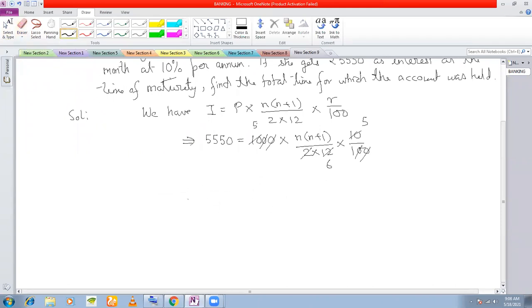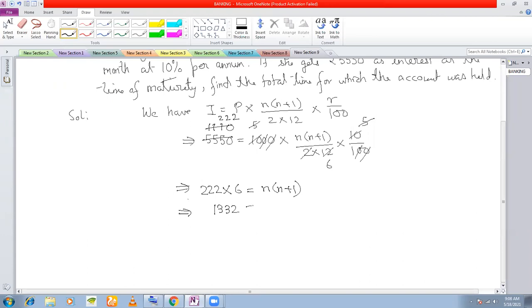You can cancel this with 5. You can cancel this again, 5, 2, 5, 2, and this is 2. Okay. So this is what you get. Now you can multiply. So 2, 2, 2 into 6 is equal to n into n plus 1. Okay. So 1332.